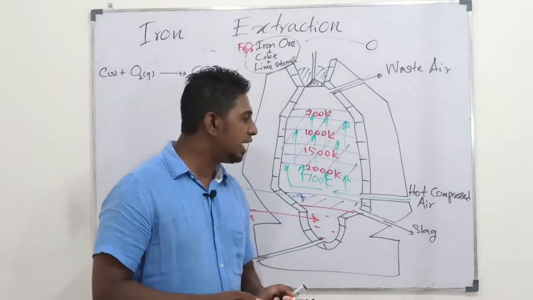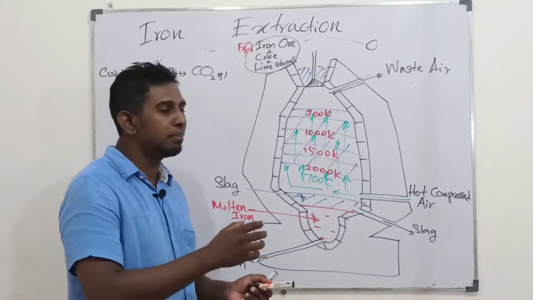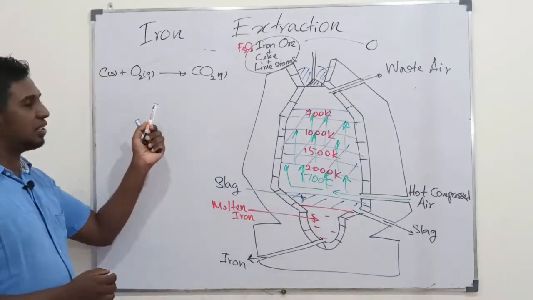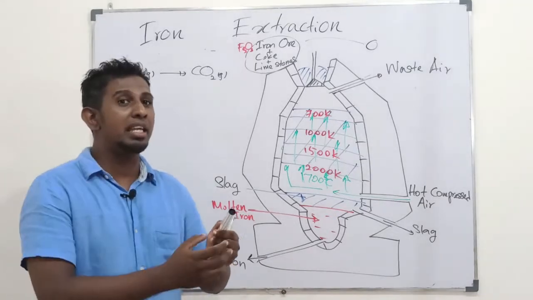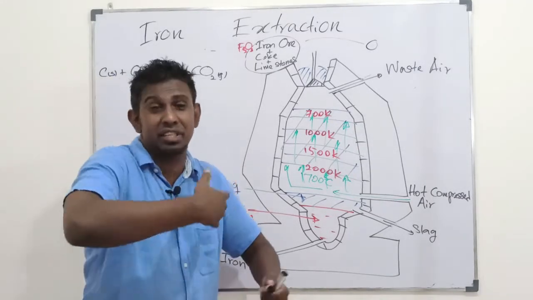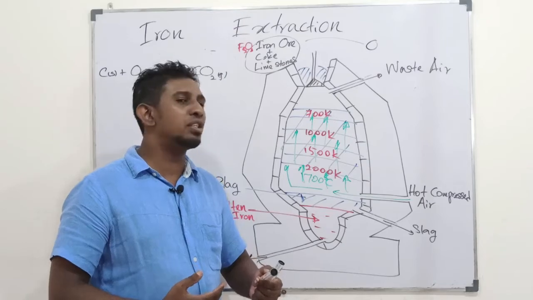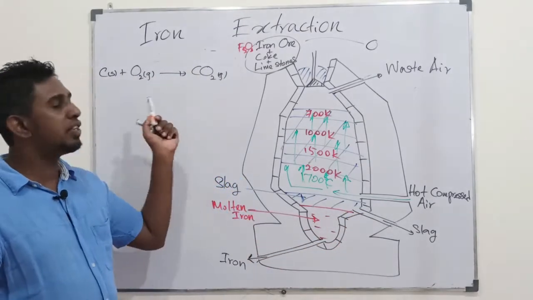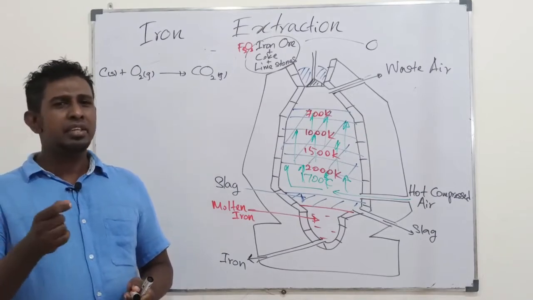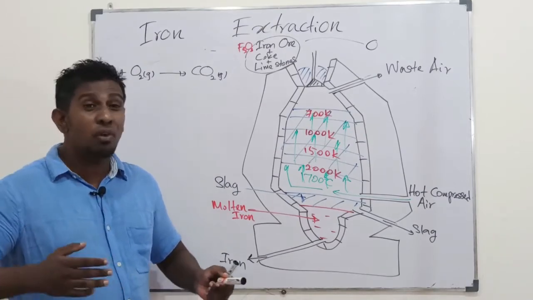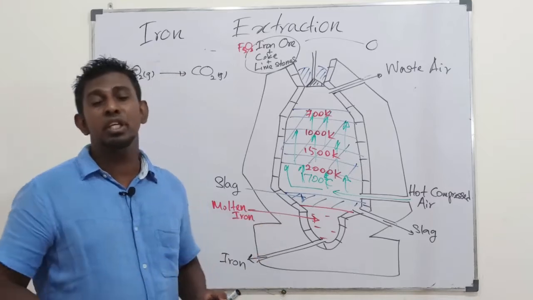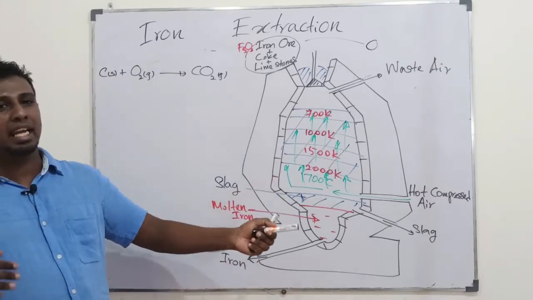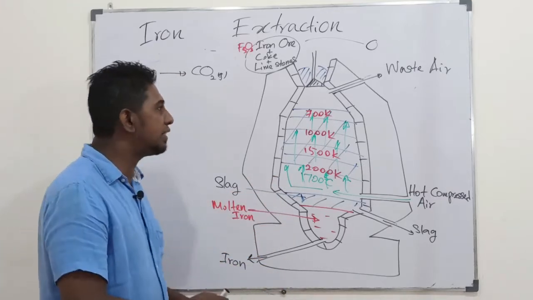Okay students, when you blow hot compressed air, this reaction proceeds to a large extent. All of the oxygen in this air will be consumed for this reaction. You need to make sure you optimize the flow rate at the bottom when you blow hot compressed air.